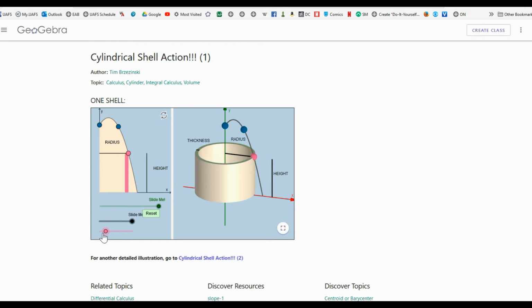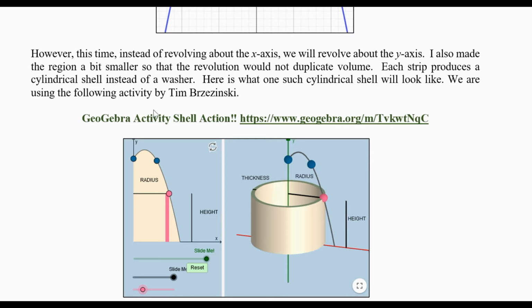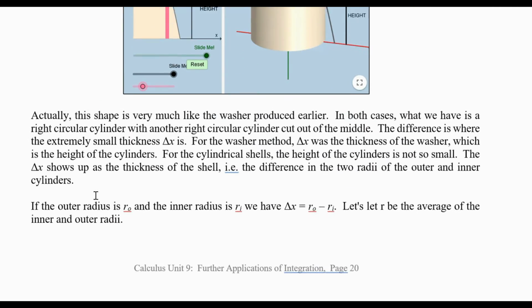So here's a bigger shell, and we could make that smaller and smaller and smaller. So it's moving toward an ultra thin shell as we have a delta x approaching 0. So that's what the shape looks like for one little representative piece.